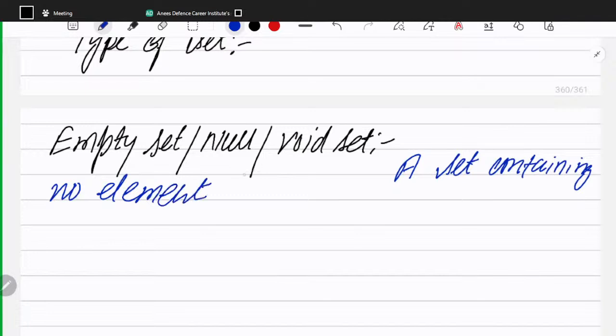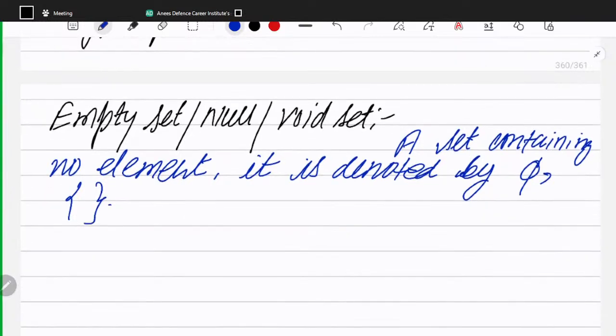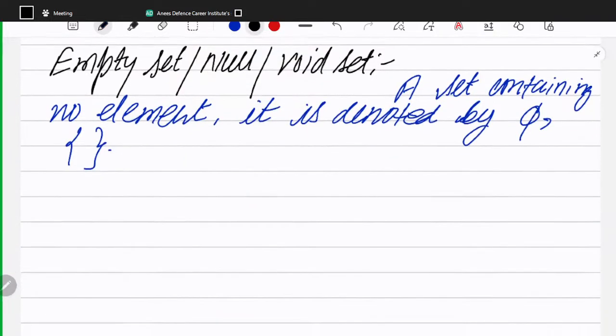A set containing no element. It is denoted by phi or this one. The second one is singleton set.